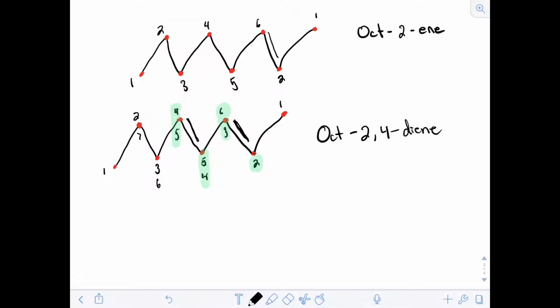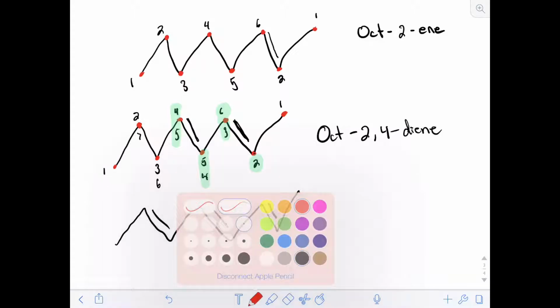I guess another good example to really drive this home is if you were given 3 double bonds on an octane, on a carbon chain. So let's say we got 1 here, 1 here, and 1 here. So we know that it's going to be the same going both ways. So I'm just going to count it from left to right. I'm just going to mark our carbons for us real quick.